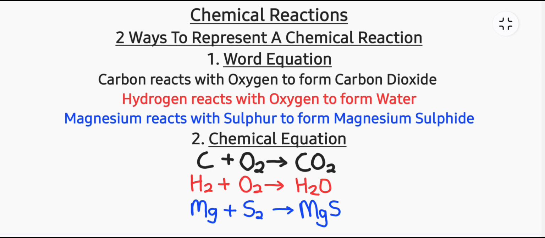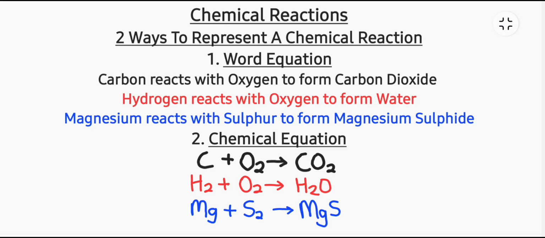The last one: Mg is 1 and Mg is 1, it is balanced. S is 2 on the left and S is 1 on the right, so I should balance those because they are not balanced. I'm hoping we are fine.